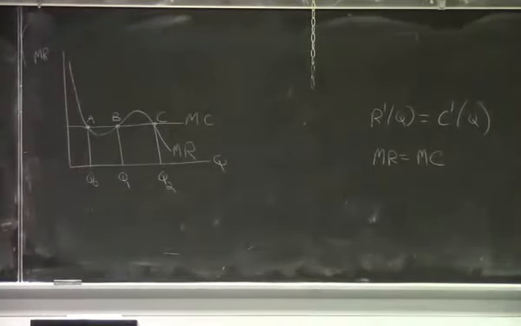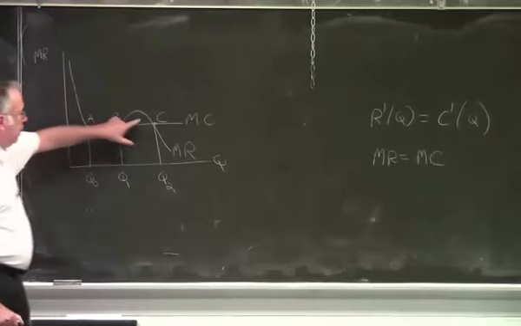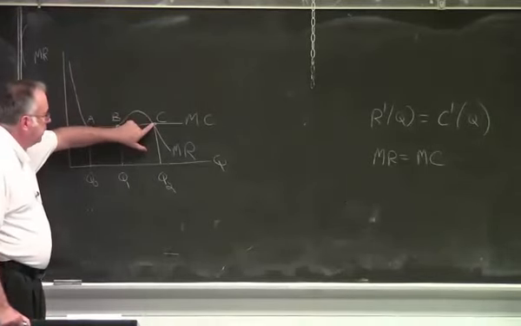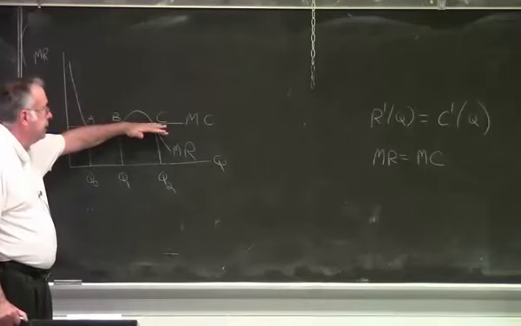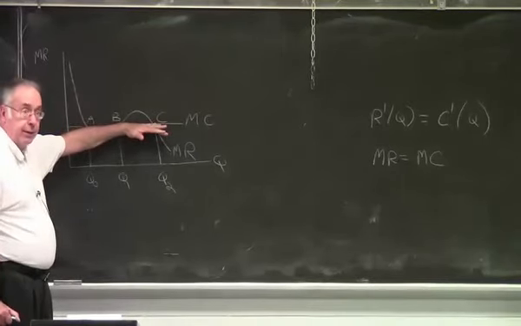Which of these points would represent maximum profit? Which would represent minimum profit? C would be a maximum. At point C, notice the marginal revenue curve has a negative slope and the marginal cost curve is 0, so C would be a maximum profit.